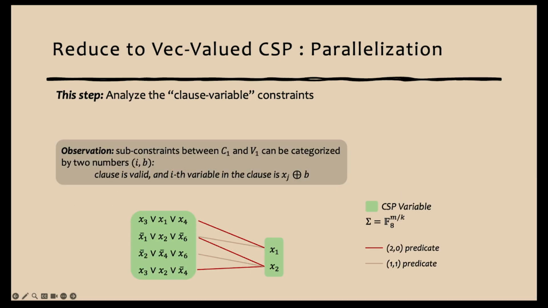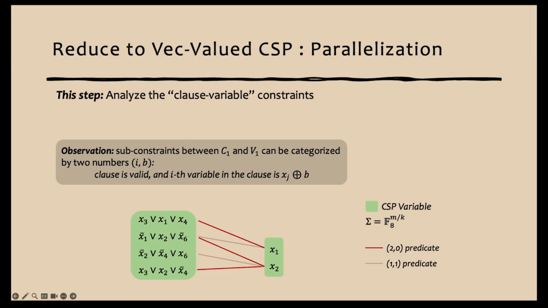Our first observation is that the internal constraint between C1 and V1 can be categorized by 2 numbers, I and B. It's just to say that the ith variable in the clause is exactly the jth variable or the negation of the jth variable. For example, for the constraint between C1 and V1, there are only 2 different predicates.